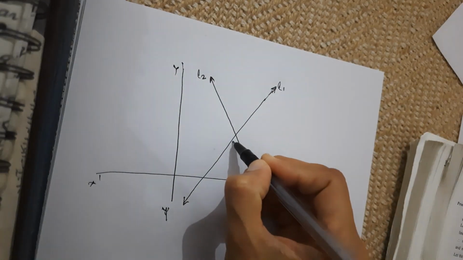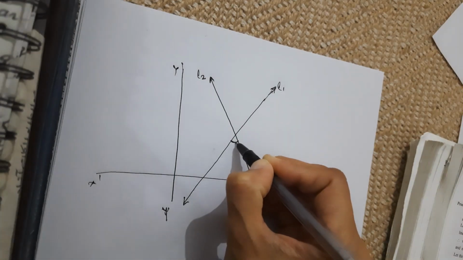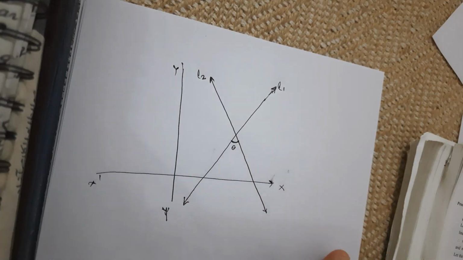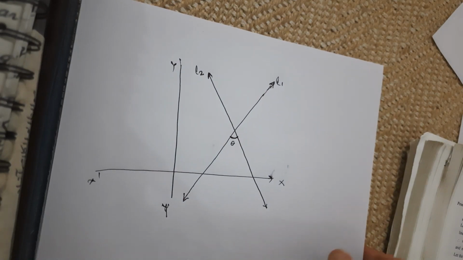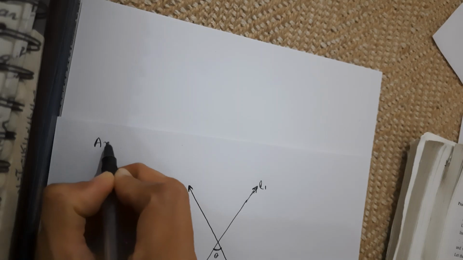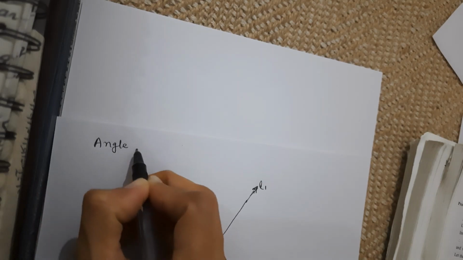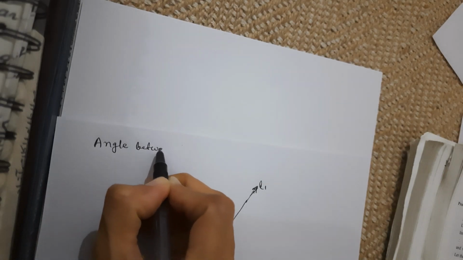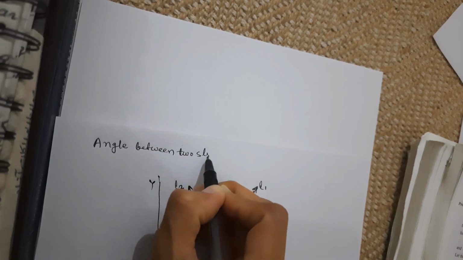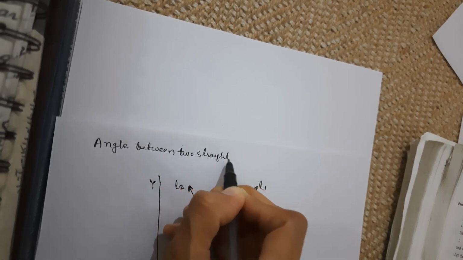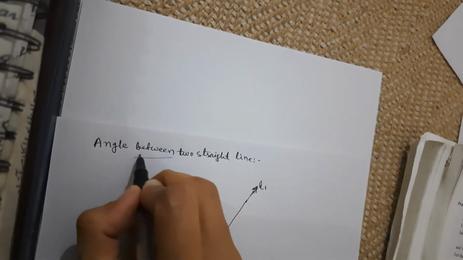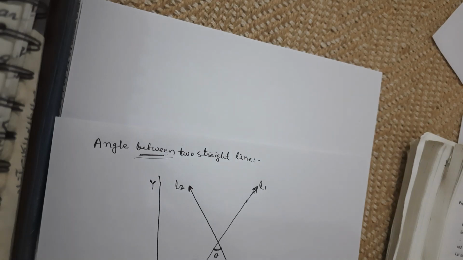Now what is my target? I want to measure this angle theta, the angle between two straight lines. So I'll write here what we are calculating: angle between two straight lines.